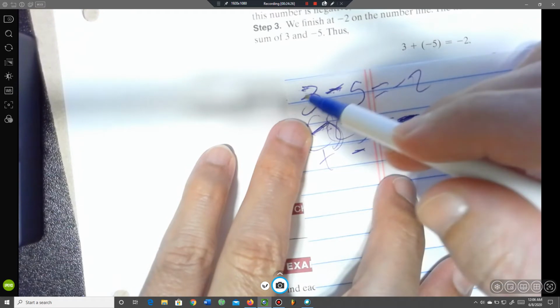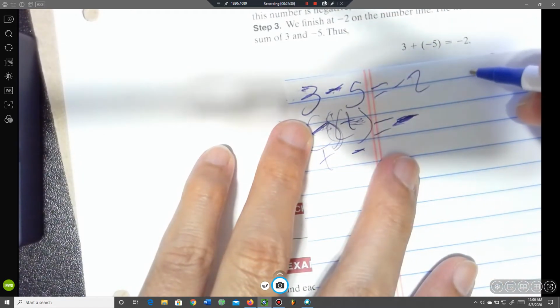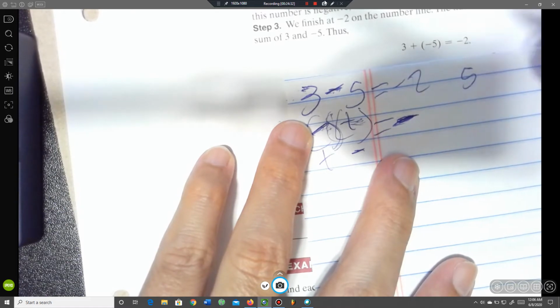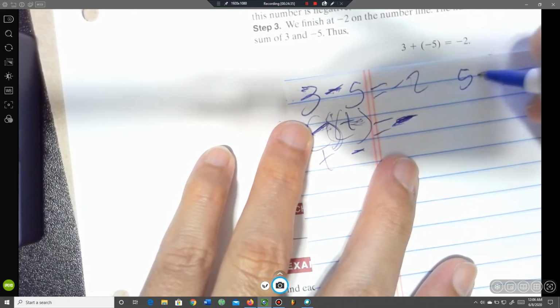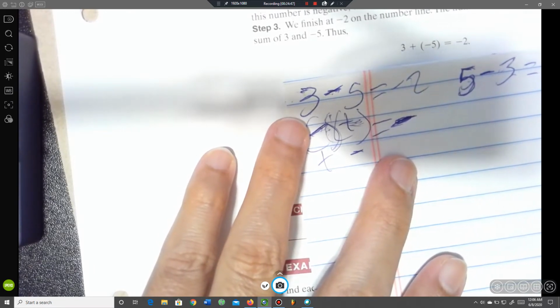I know I have a subtraction because at least one of the signs is negative, so I always subtract the smallest value from the largest one. So the problem will look something like this now. See, because now I can see that 5 minus 3 is 2, right?